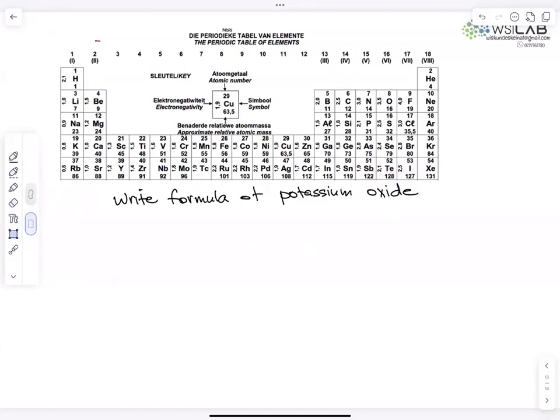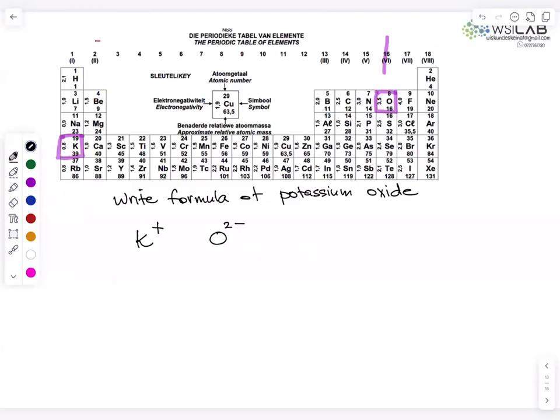Potassium oxide. So that would be potassium and oxygen, right? Okay. So let's write potassium. Potassium is K and oxygen is O. So now I'm trying to find potassium. There we go. Potassium is in group 1, which simply means it's got an ion of +1. And oxygen is in group 6, and oxygen has a charge of 2 minus.